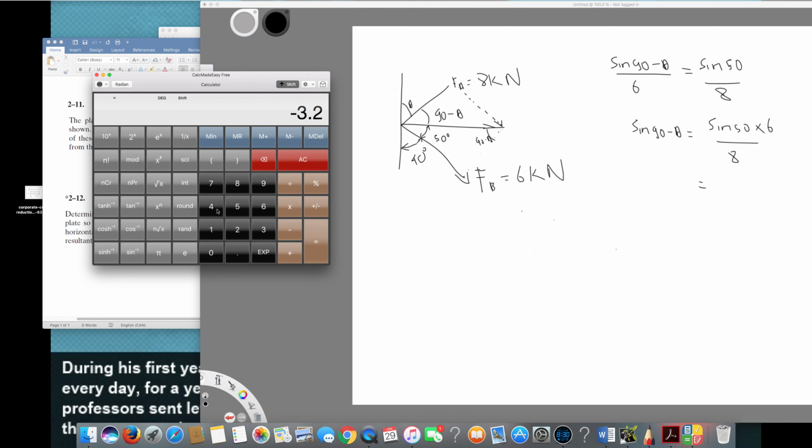So let's find sine 50 here. Sine 50 multiplied by 6 is equal to 4.6, and divided by 8, it's going to be equal to 0.5745.